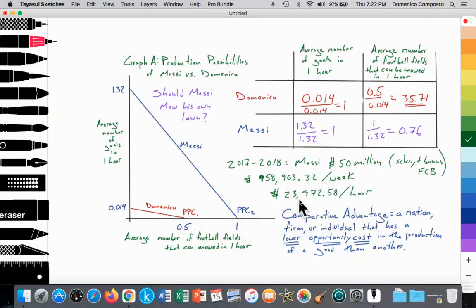Now, clearly here you can see the large opportunity cost for Lionel Messi. For every hour that he's playing football, he is making $24,000, a huge opportunity cost. So if he's spending 1 hour cutting the grass, he lost the opportunity to spend 1 hour playing football and making $24,000. Clearly, he should not be cutting the grass at his home.